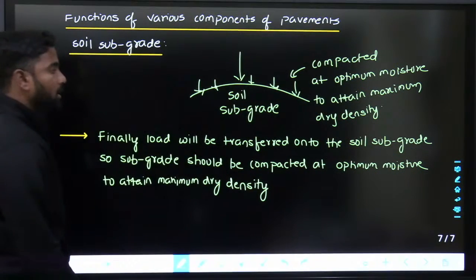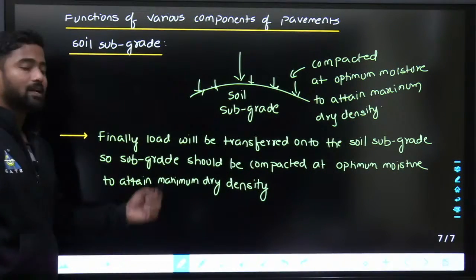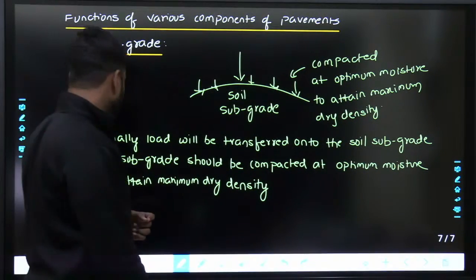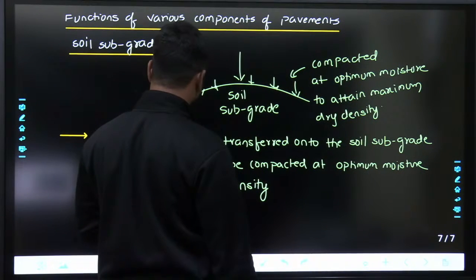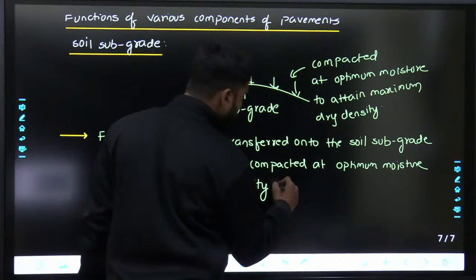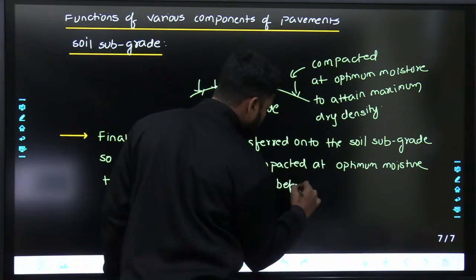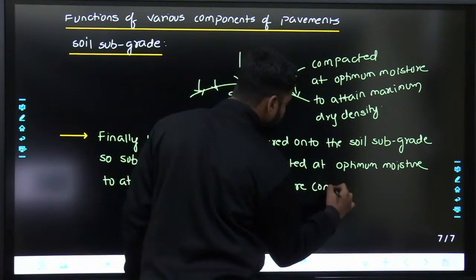Soil should be compacted at optimum moisture content to attain maximum dry density before construction of pavement.